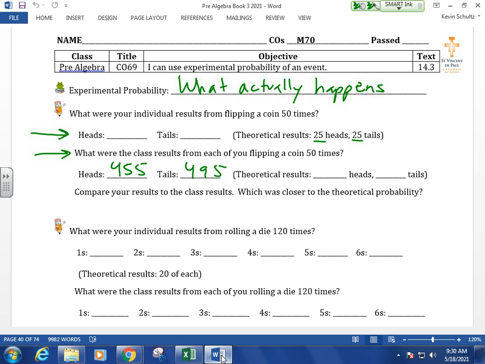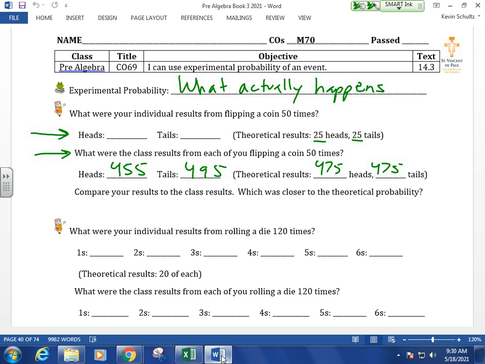In theory, and again, we had 19 people do this, so our data is a little bit different than what we originally planned on. But in theory, we should have gotten 475. So we didn't hit that exactly, but after 950 flips, only being off by 20 is pretty close.